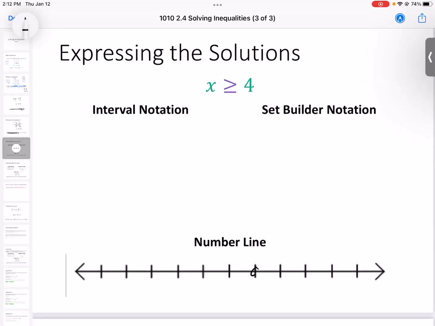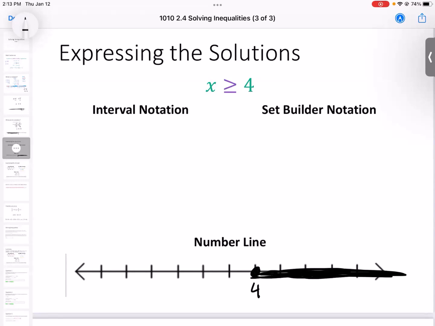So if I wanted to show this on a number line, I would do a solid circle at 4. The reason it's a solid circle is because if I plug a 4 in, it makes a true statement. And then it would be all of the points that are bigger than 4.